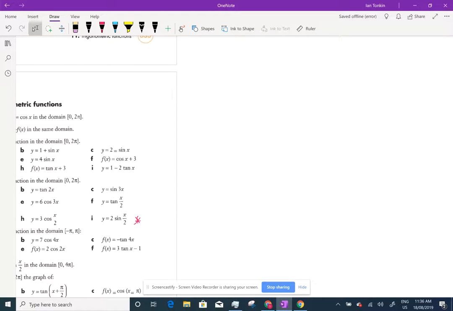So what we need to know is that when we're graphing these, it's y equals k, and I'm using the terminology that you're going to see in Year 12, sine of ax plus, I can't remember whether it's c or b.